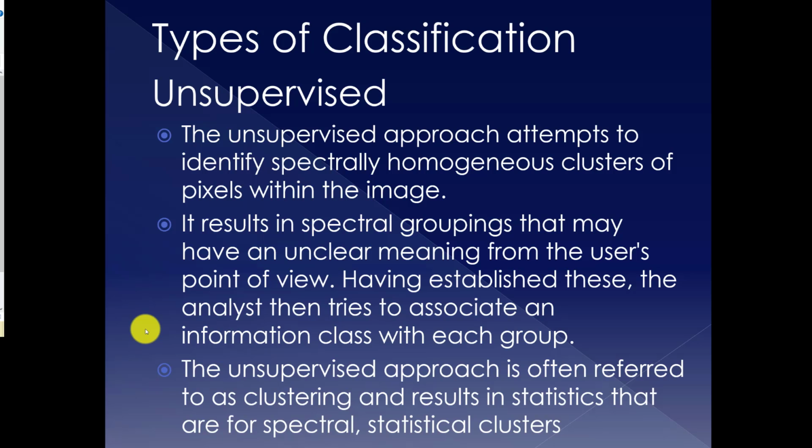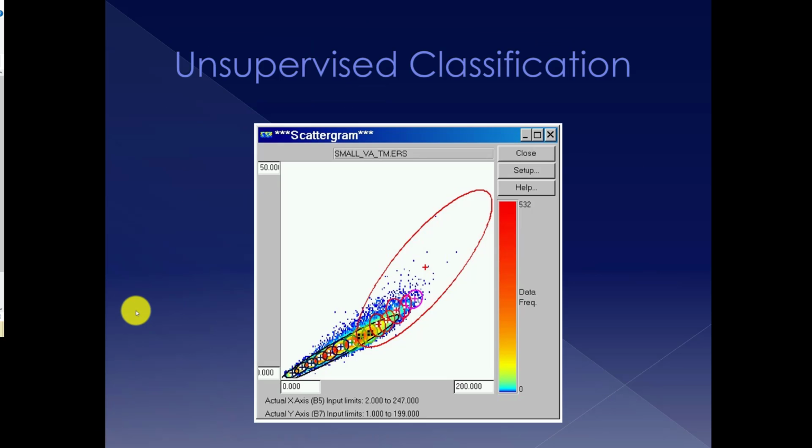Once you establish the spectral groupings, the analyst will associate an information class with each group. The unsupervised approach is often referred to as clustering and results in statistics that are for spectral statistical clusters. Here is a scattergram showing you unsupervised classification.